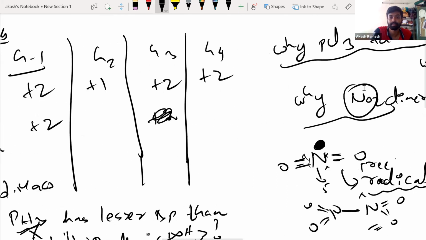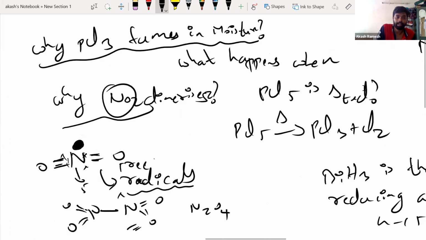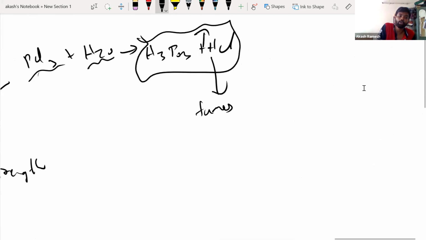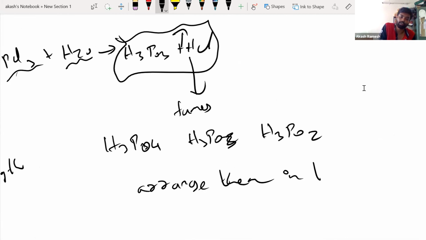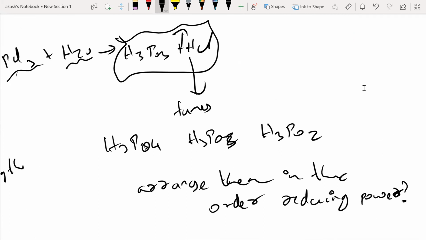Okay, group 2, your question. I have H3PO4, H3PO3 and H3PO2. Arrange them in the order of reducing power, and you have to give me a reason. Why are you doing this?